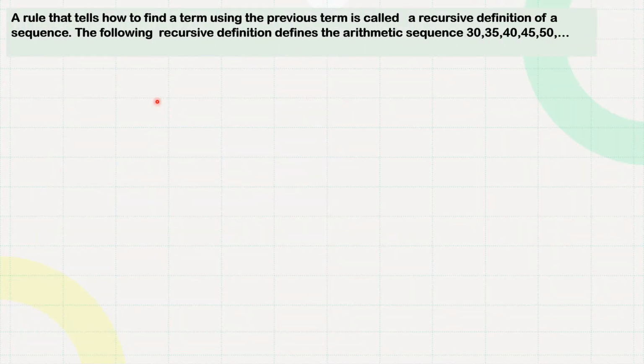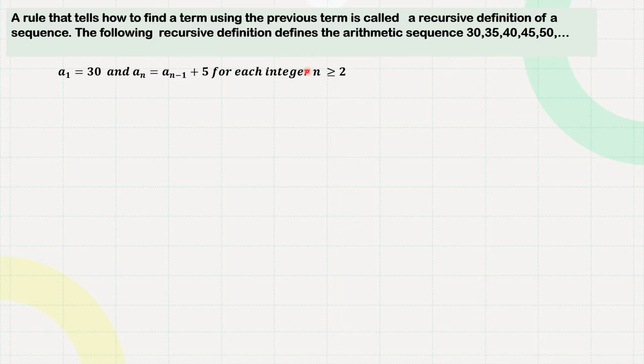A rule that tells how to find a term using the previous term is called a recursive definition of a sequence. The following recursive definition defines the arithmetic sequence 30, 35, 40, 45, 50: a sub 1 equals 30 and a sub n equals a sub n minus 1 plus 5 for each integer n greater than or equal to 2.